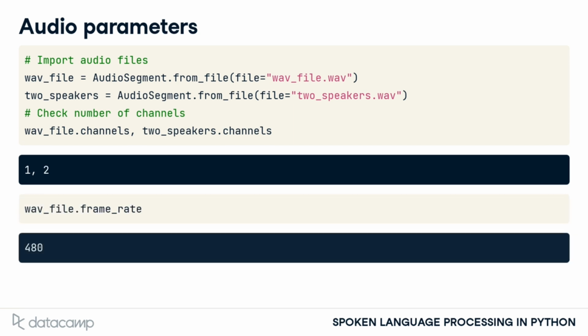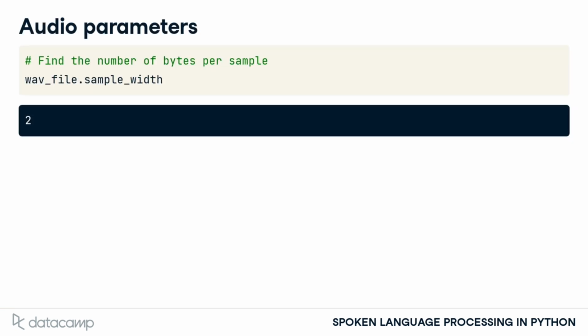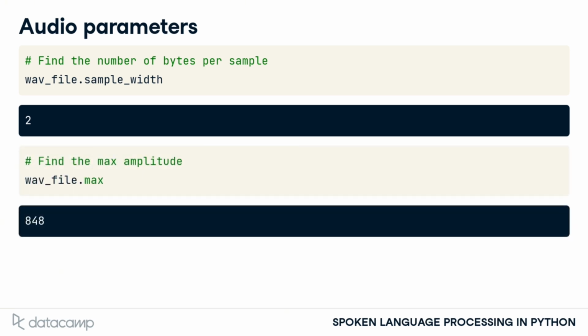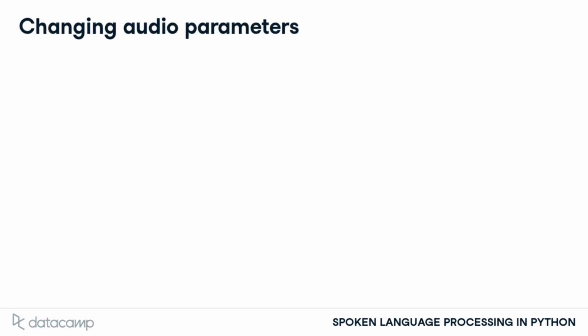Calling frame_rate gives you the sample rate of your AudioSegment in hertz. sample_width tells you the number of bytes per sample. 1 means 8-bit, 2 means 16-bit. max will tell you the max amplitude of your audio file, which can be considered loudness and is useful for normalizing sound levels. Finally, calling len on any AudioSegment will tell you the duration of the audio file in milliseconds. Having these parameters readily available is helpful to ensure all of your audio files are consistent.